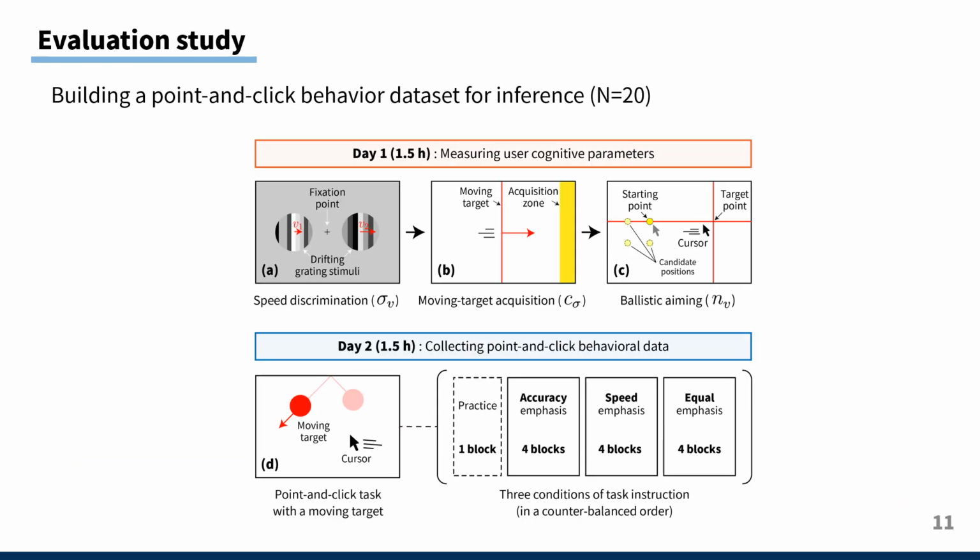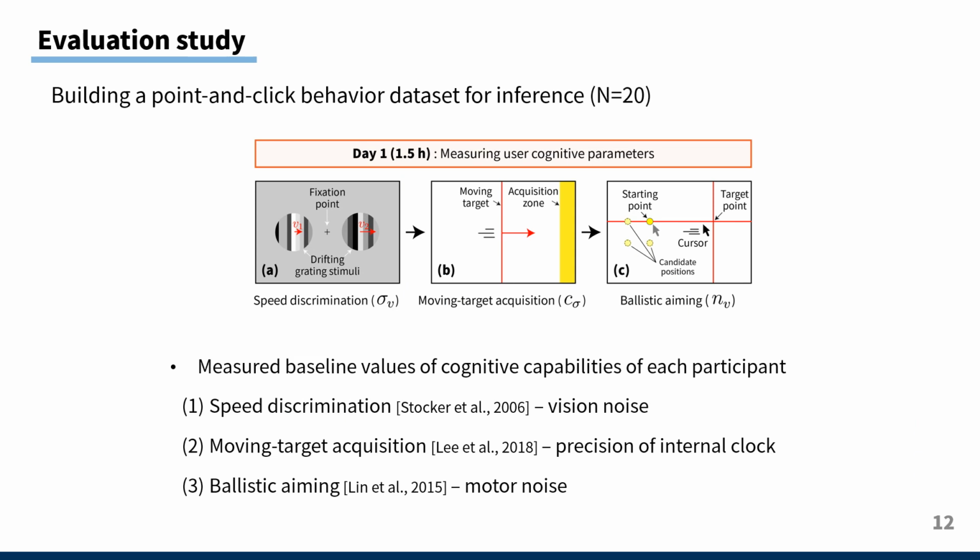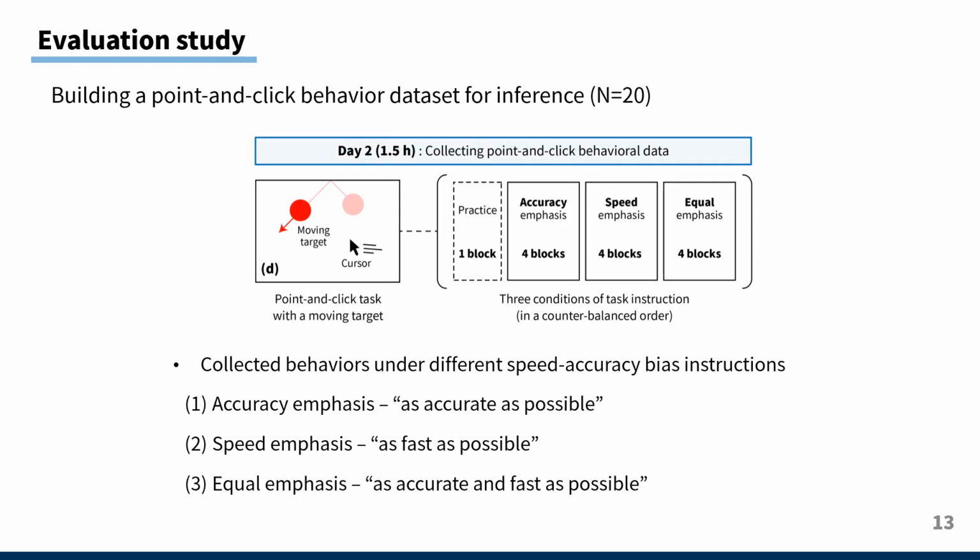For this, we built a point-and-click behavior dataset from 20 participants. First, by conducting 3 different cognitive experiments, we measured baseline values of cognitive capabilities of each participant. And we collected their point-and-click behavior under 3 different instructions that control the degree of their speed-accuracy bias.